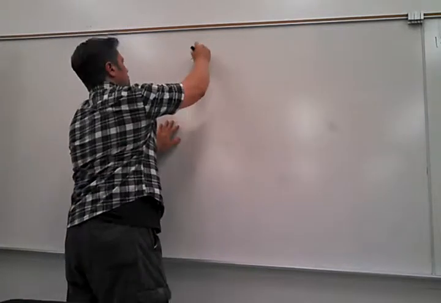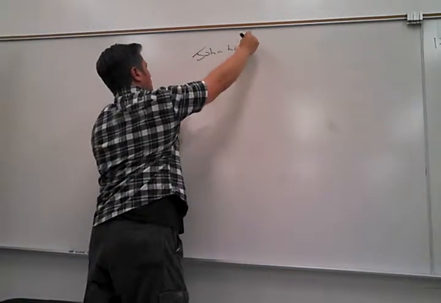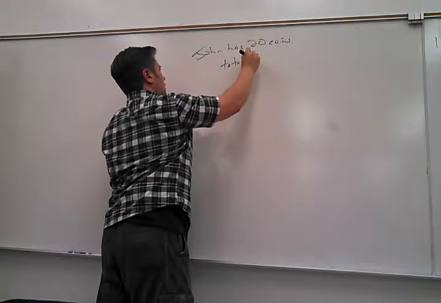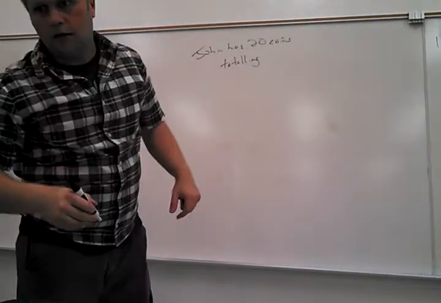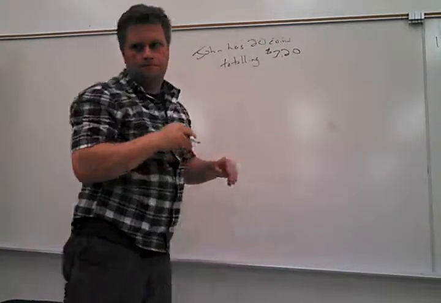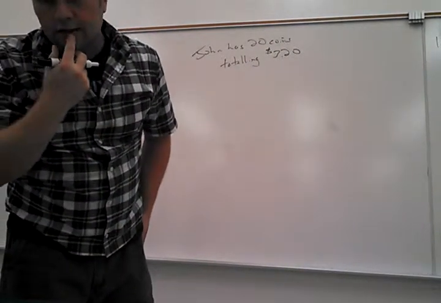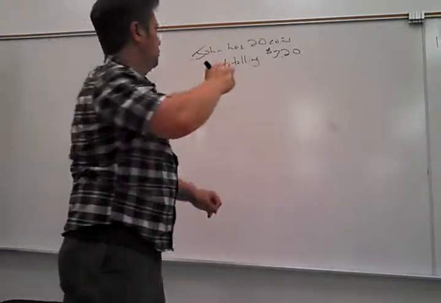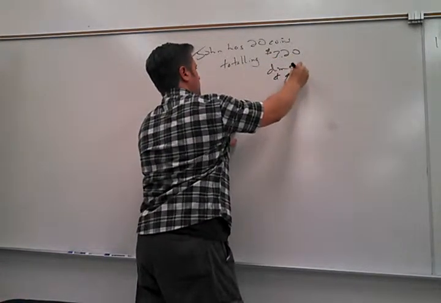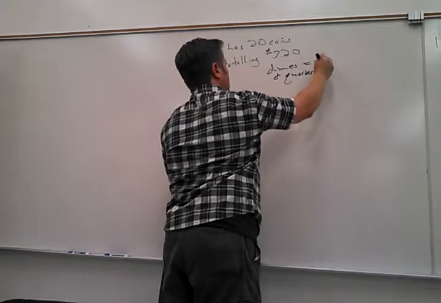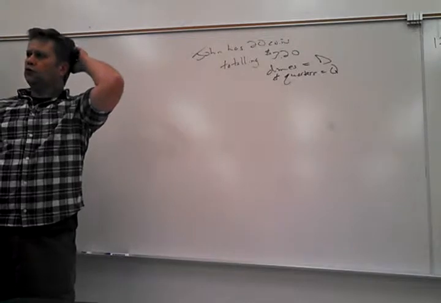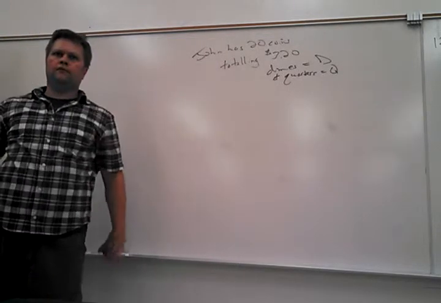John's got 20 coins totaling $3.20. Living high tonight. If he only has dimes and quarters, I'm going to call that D and that Q. You get dimes and quarters. How much of each does he have?